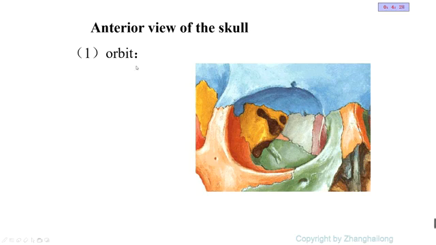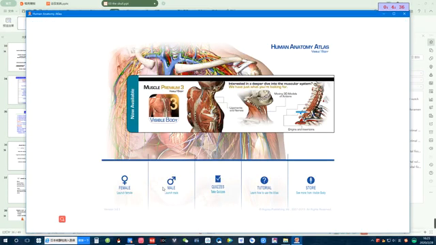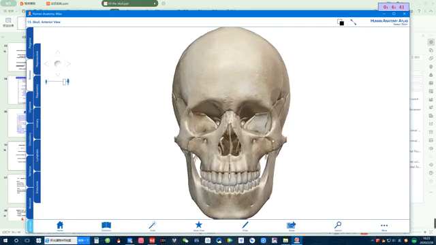Okay, now let's see the anterior view of the skull. From the anterior view, you can see what structures. What's this? Orbit. What's this?